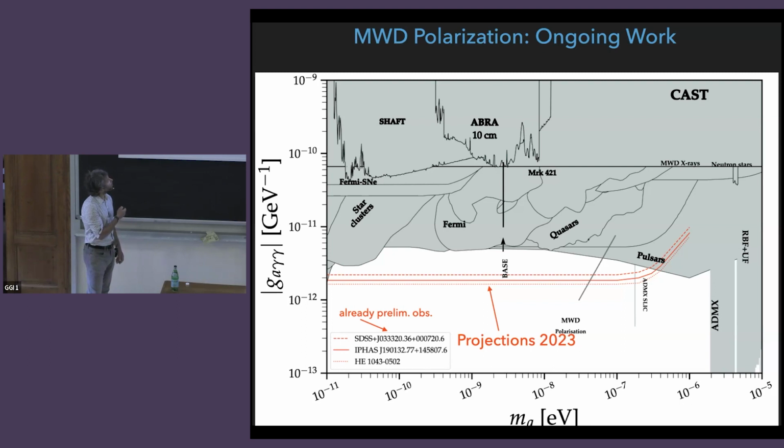But that's already pretty futuristic, I think. That tells you where this sort of probe is expected to bottom out. We probably won't be able to push much below 10⁻¹² inverse GeV. So it's a relevant probe, but this is not going to be the one that brings us below 10⁻¹³ inverse GeV.